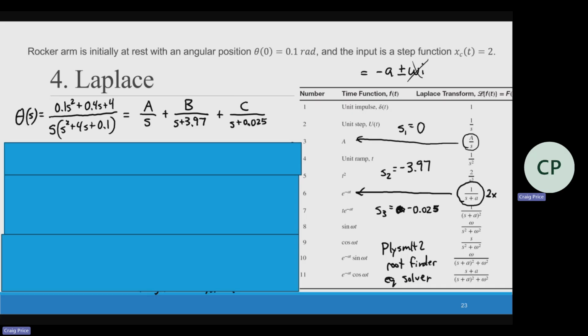In this case, I don't have any complex roots, so we just have an a term, basically. So it's going to look something like this.